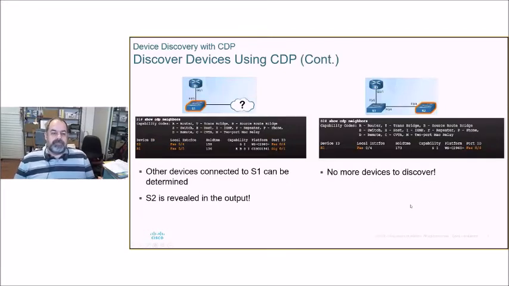So basically from R1 you now know that there's an S1 connected to it, and you can then connect to S1 and go, all right, what's connected to it? We already knew about R1, but now we're learning that there's another switch called S2. So you can grow your map as you go.